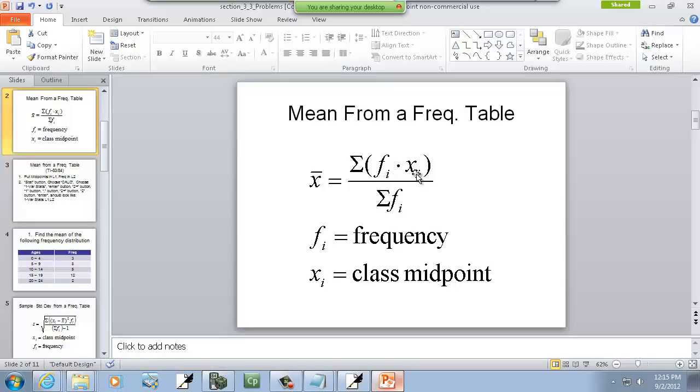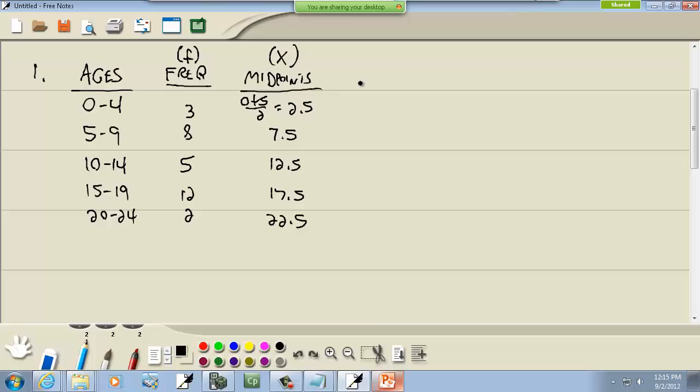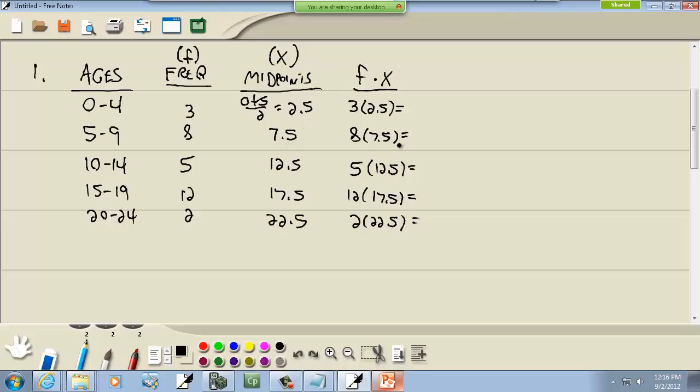Now this says f times x, which implies I'm going to need a column where I multiply f times x. So I have 3 times 2.5, 8 times 7.5, 5 times 12.5, 12 times 17.5, and 2 times 22.5. I'm going to use my calculator pretty heavily here because I don't want a math error in these videos.